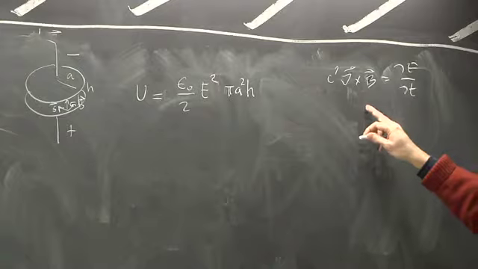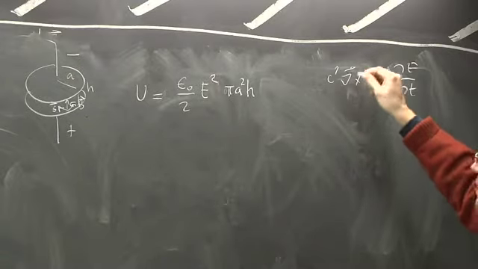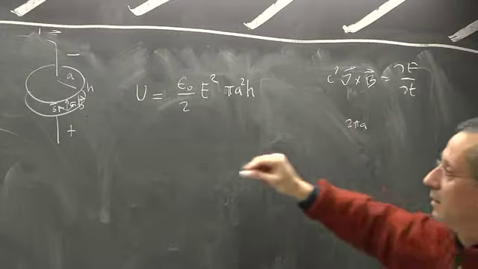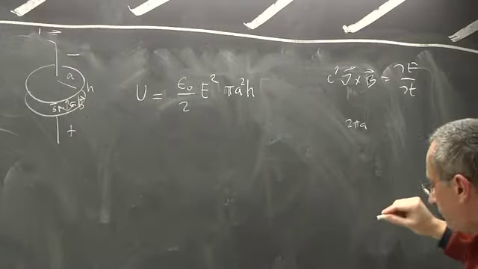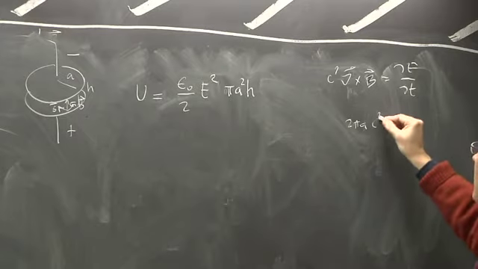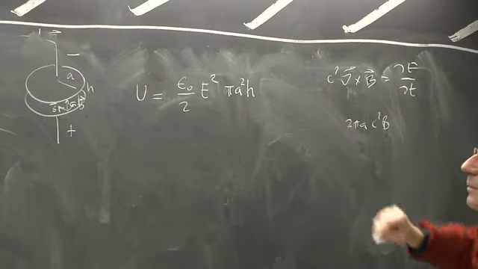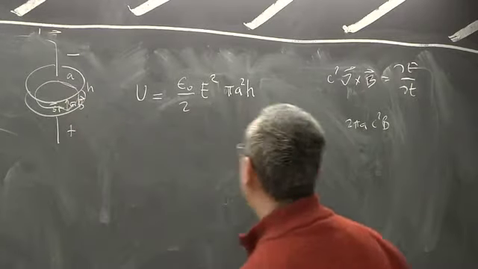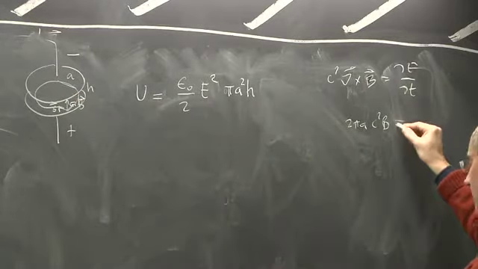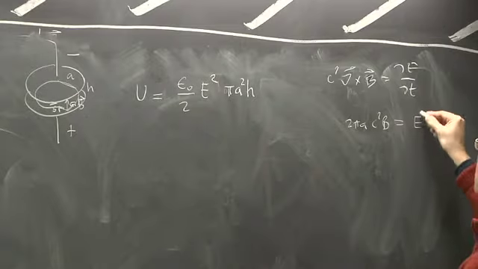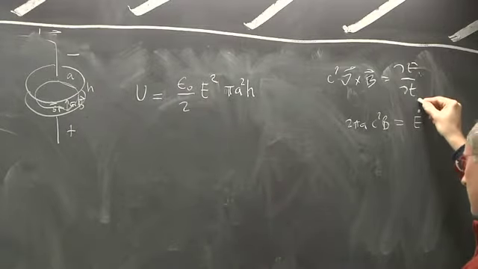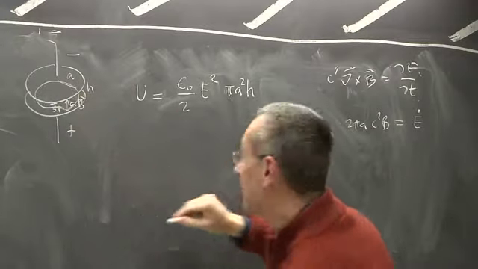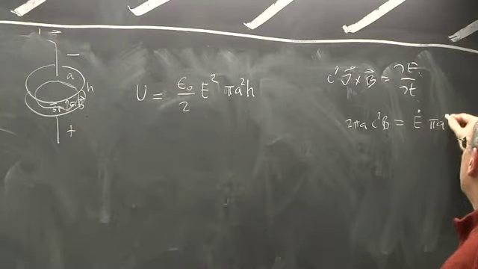So you understand that, so I do a circuitation, I go to the integral form, so I get 2 pi a c squared B, the B is the same everywhere, so I've done this integral, 2 pi a c squared B is equal to this E dot, a derivative of E, again, times the surface inside, that is, again, pi a squared.